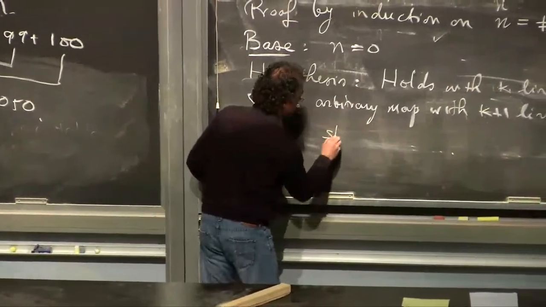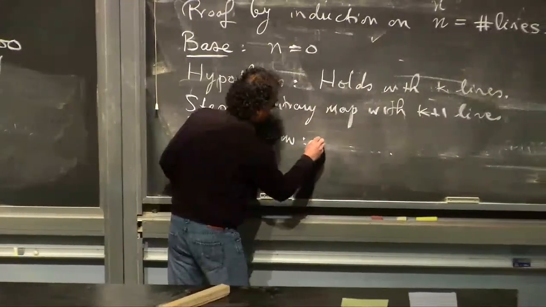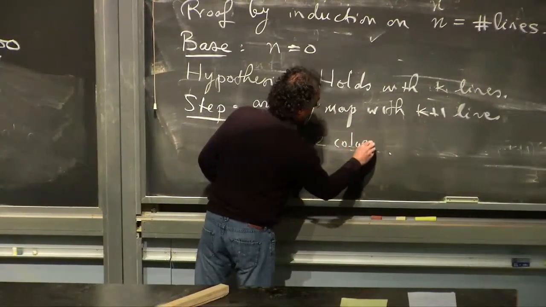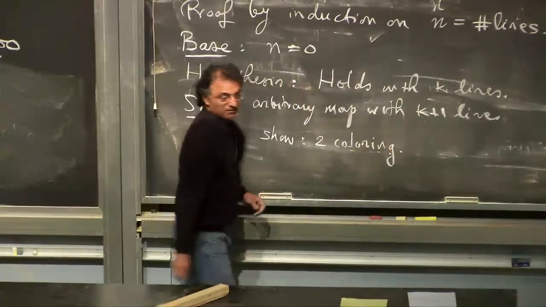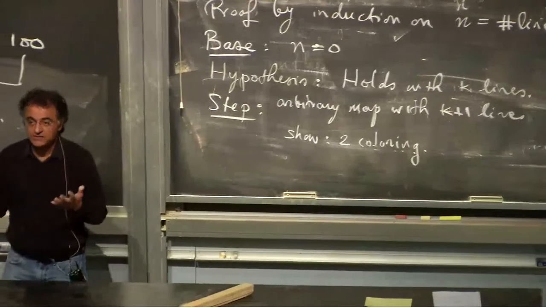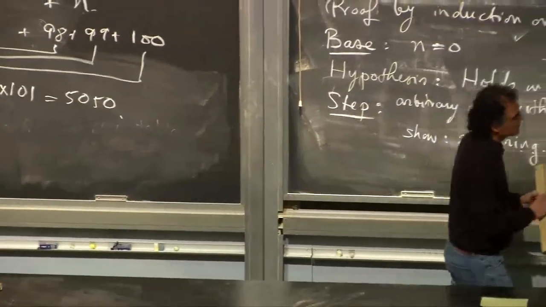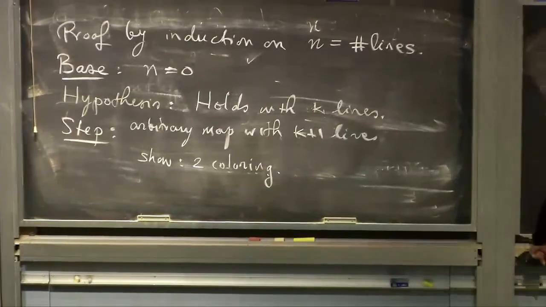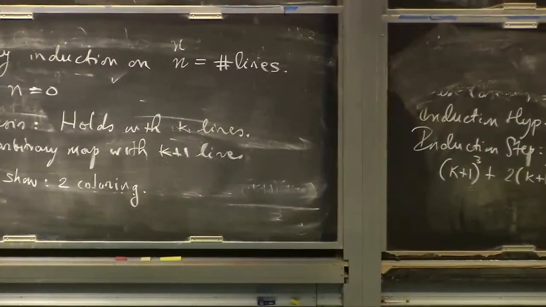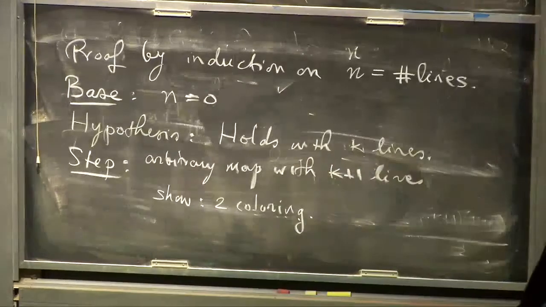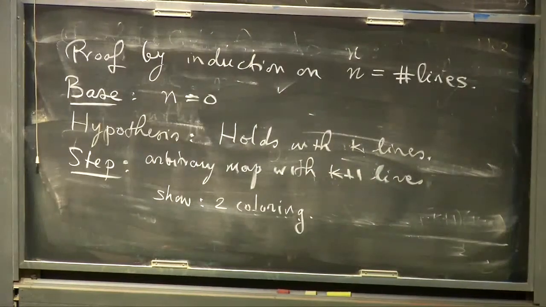We want to show two coloring. We want to color it using two colors. Okay. So how are we going to do this?